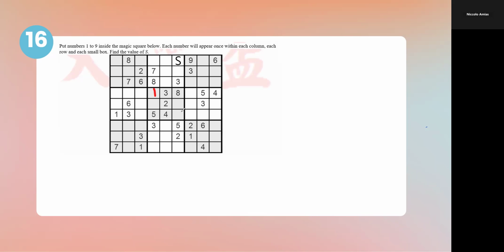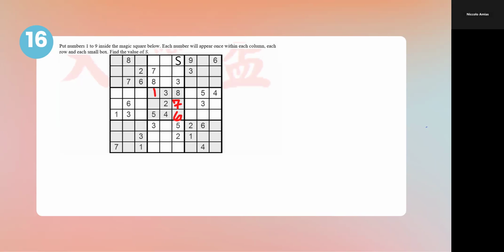Go on. Then next is 7. Since we already have a 7 in the left of the middle square, we put it on the right. So the last missing one is 9. So we put 9 in the square there.